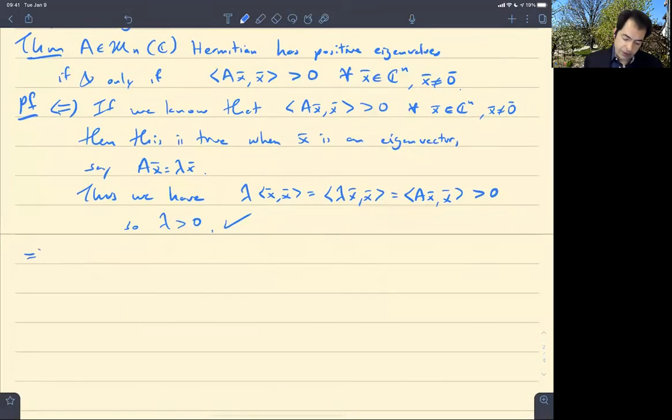Let's prove the other direction. So assume that all eigenvalues of A are positive.